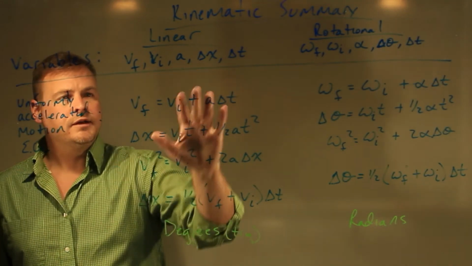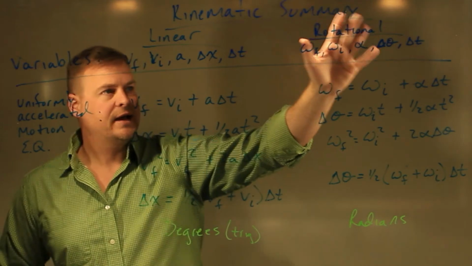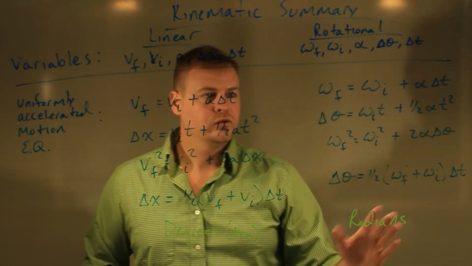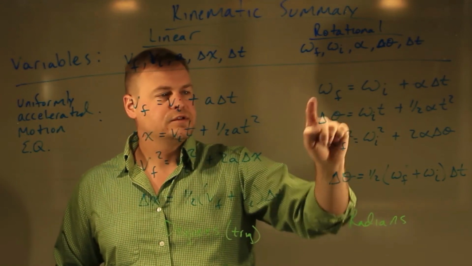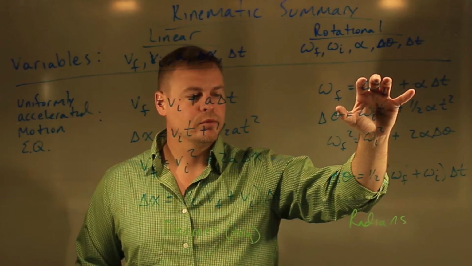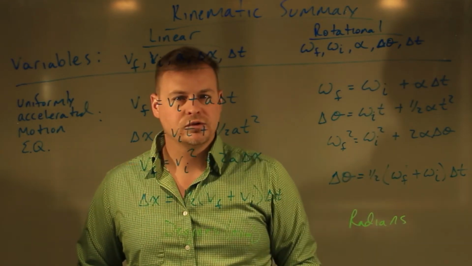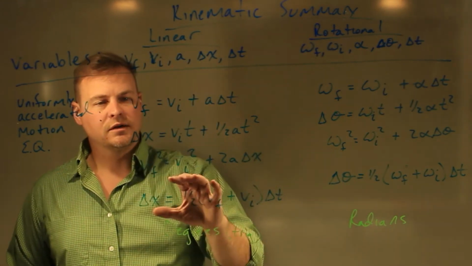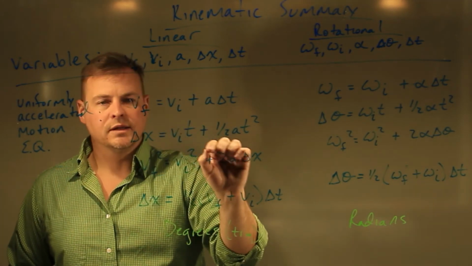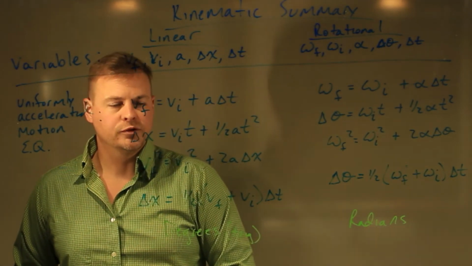So linear kinematics is the exact same as rotational kinematics. There's nothing different in how you apply them. The only difference is the variables, and the variables refer to the motion of an entire object in rotation, whereas the linear kinematics usually refers to a specific point in a straight line motion.